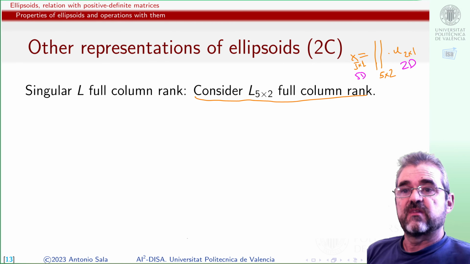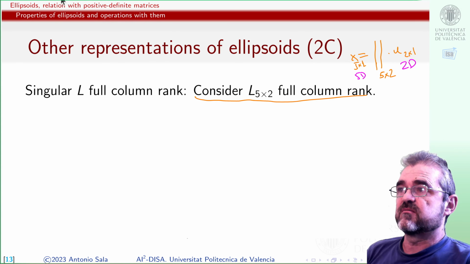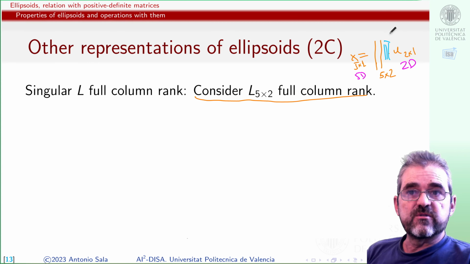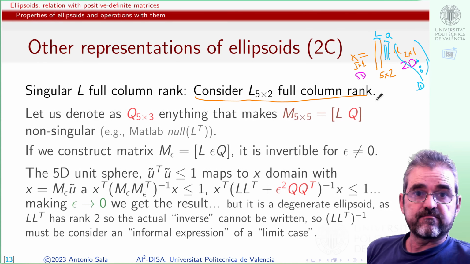Imagine that I invent 3 more other columns, which will be Q, this will be L, and 3 more other dummy input variables, so that this will be 5D to 5D.